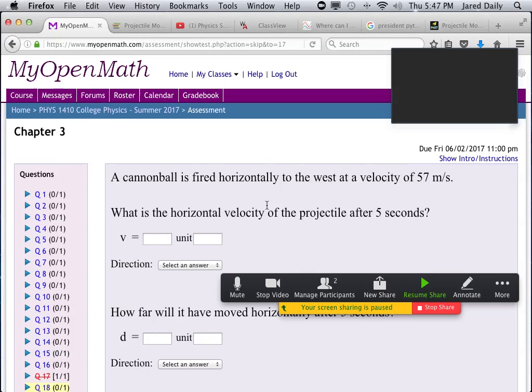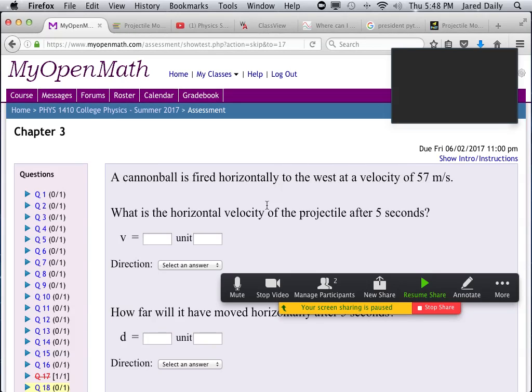So you can use that one, but you have to realize that, oh man, I just ripped my shirt. Wouldn't the horizontal velocity be the same? It's Vx equals V0x plus acceleration times time, and you have to realize that the acceleration in the horizontal direction is 0. So what does this equation really tell you? That it just stays the same, right?